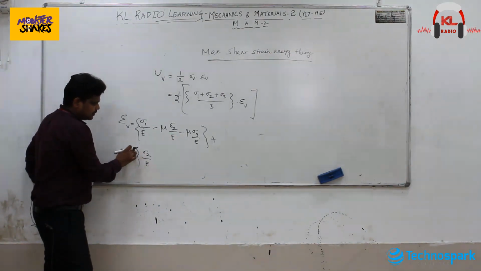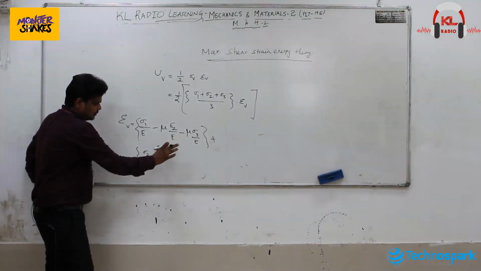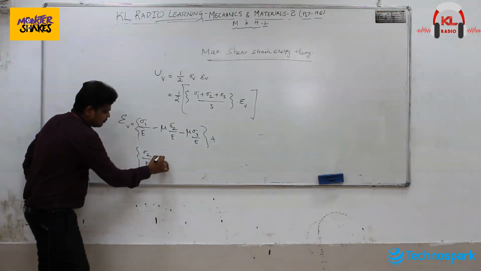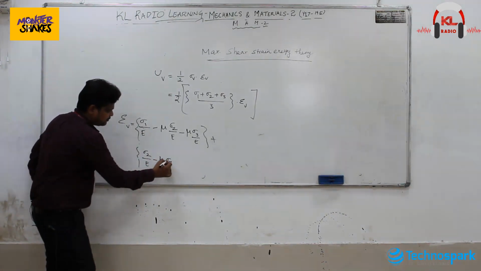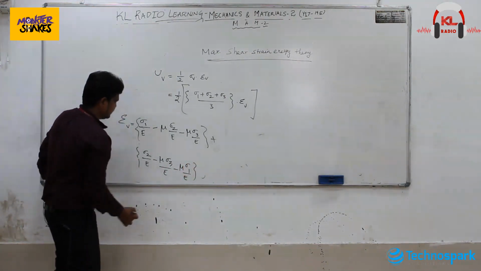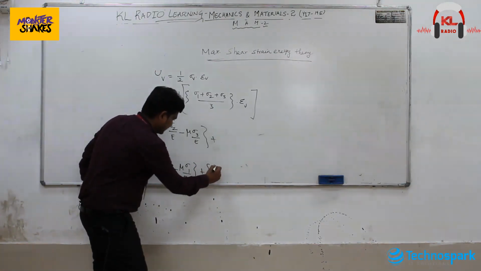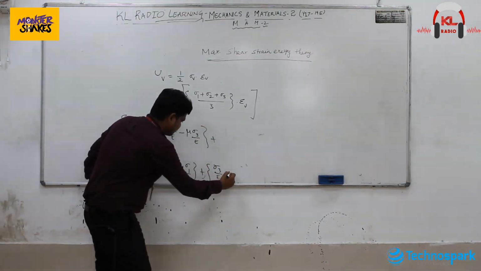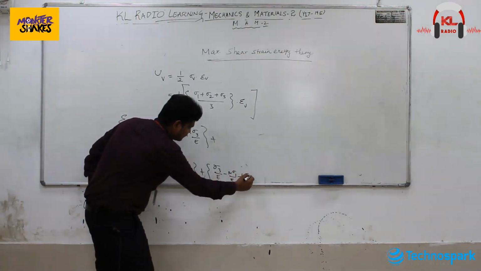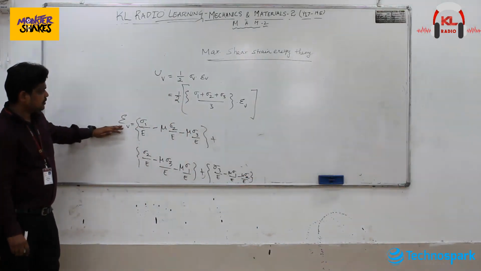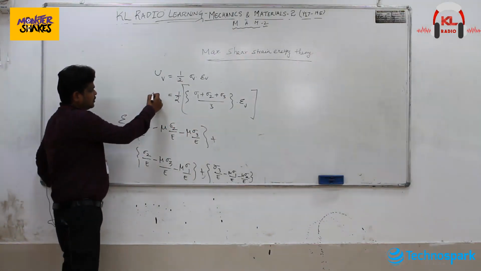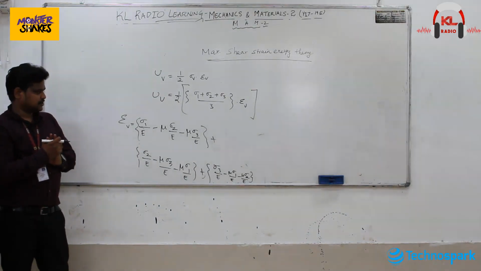That is included here to get the strain in the principal axis sigma 1 and the strain in the principal axis sigma 2, minus mu sigma 3 by E, minus mu sigma 1 by E, plus sigma 3 by E minus mu times sigma 1 by E minus mu times sigma 2 by E. So this is epsilon v. By substituting this epsilon v here, we will get the total volumetric strain energy.